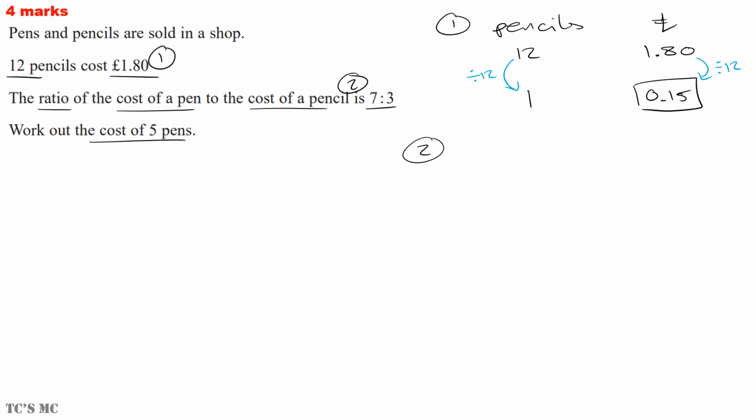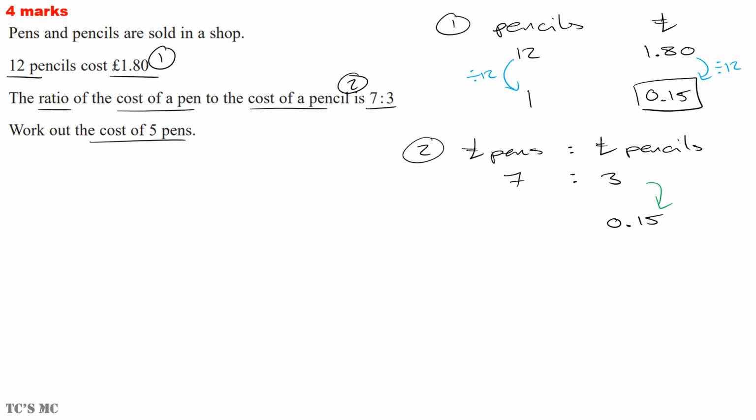We know that the cost of pens to the cost of pencils is 7:3. We know the cost of a pencil is 0.15. 3 multiplied by something is 0.15.